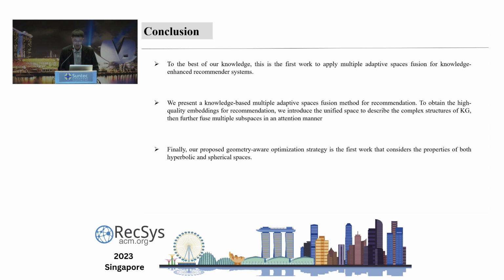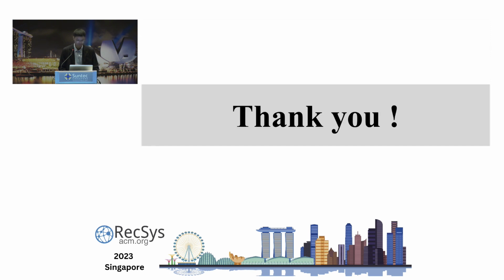To obtain high-quality embeddings for recommendation, we introduce the unified space to describe the complex structures of KG, then further fuse multiple subspaces in an attention manner. And third, our proposed geometric-aware optimization strategy is the first work that considers the properties of both hyperbolic and spherical spaces. Thank you for listening. My presentation ends here.